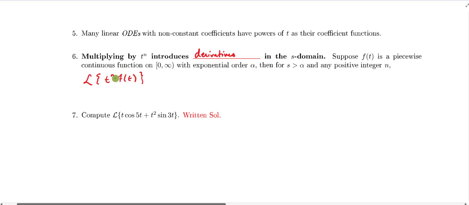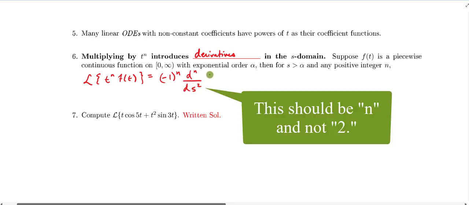Based on that knowledge, what can we say about the function t to the n f of t? Meaning we take the function whose Laplace transform we know, and multiply it by t to the n for n a positive integer. It turns out that this is equal to -1 to the n times the nth derivative with respect to s of the Laplace transform of f of t.